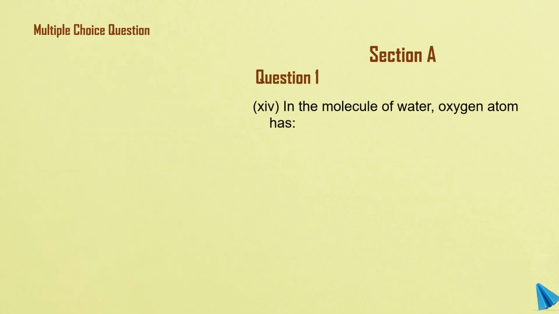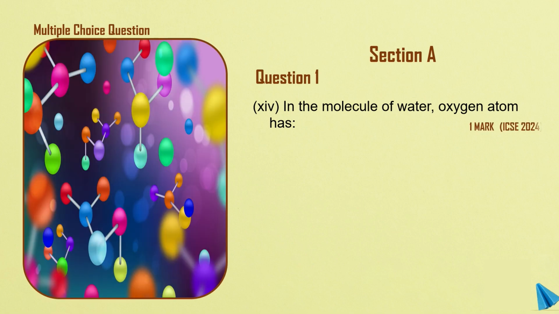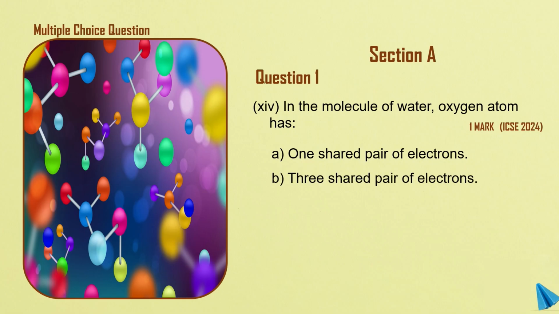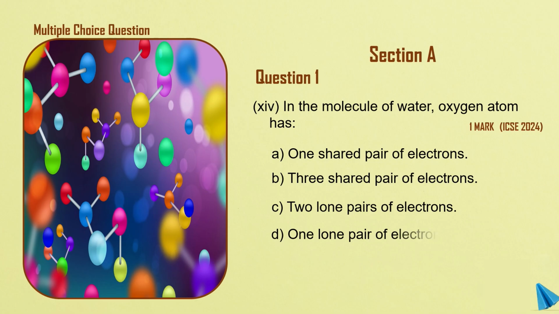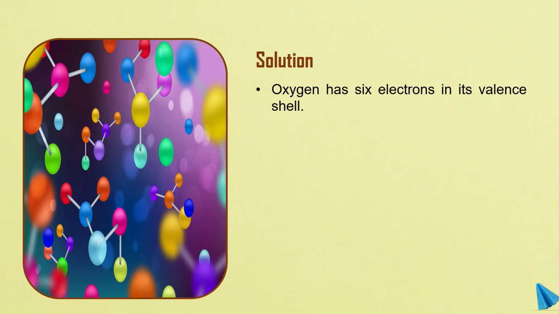It says, in the molecule of water, oxygen atom has one shared pair of electrons, three shared pair of electrons, two lone pairs of electrons, one lone pair of electrons. So what is the correct answer, children? Oxygen, as we know, has 6 electrons in its valence shell.